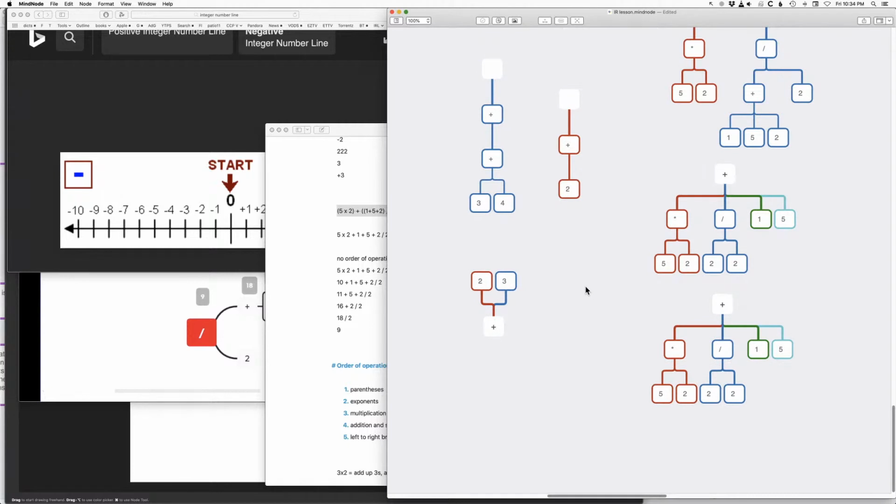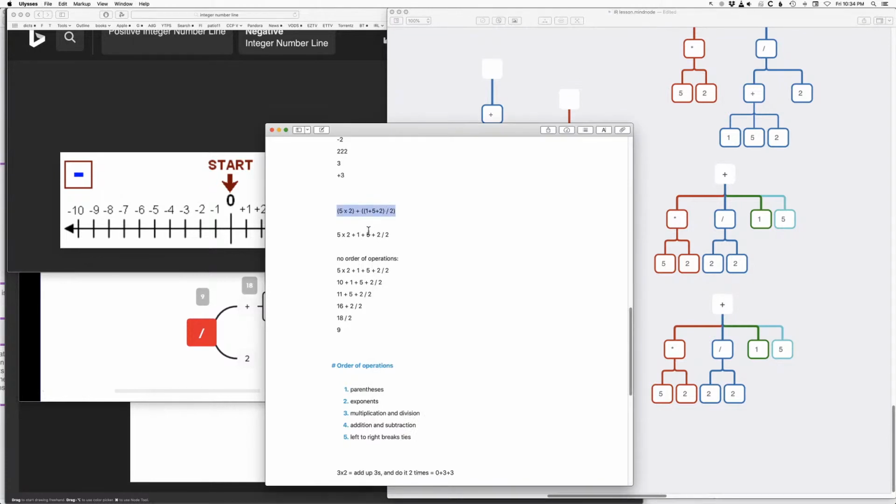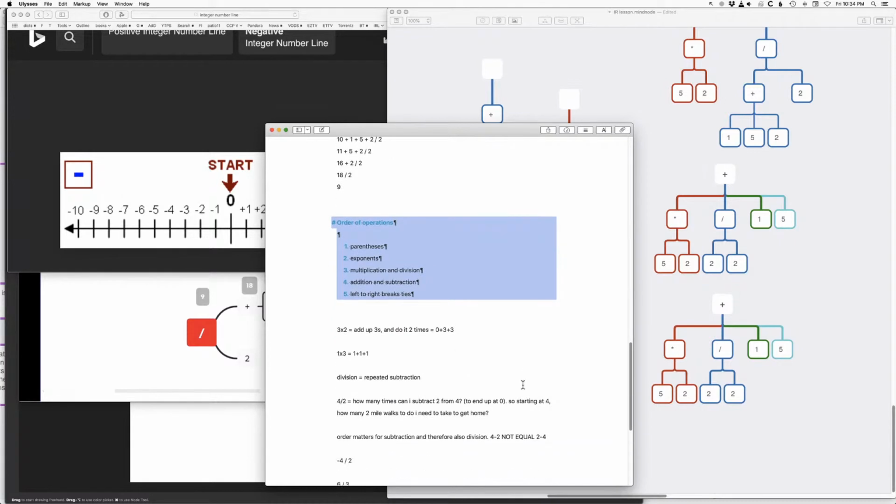Yeah, those sound right. We did the order of operations. I forget if you said that. Yep. Oh yeah, prefix, infix, and postfix.